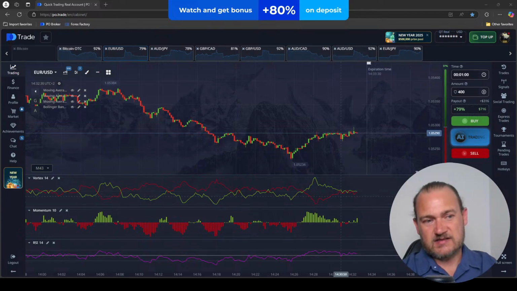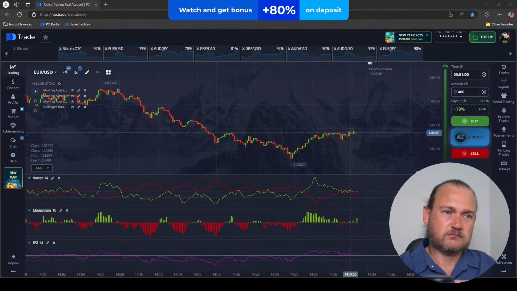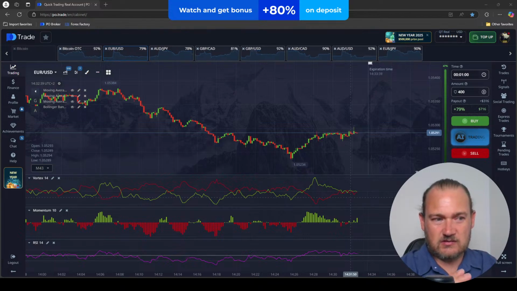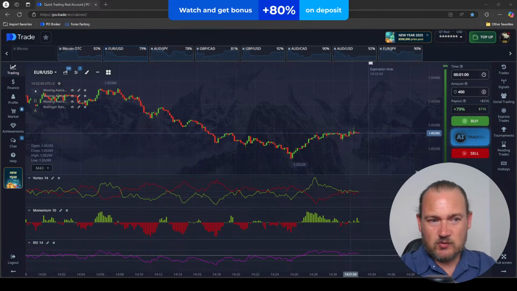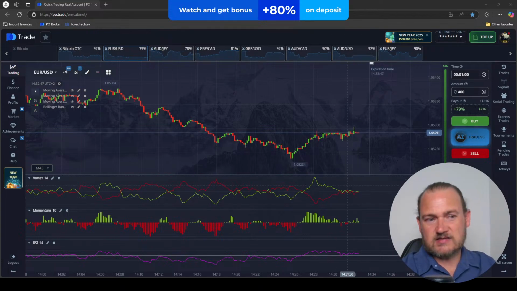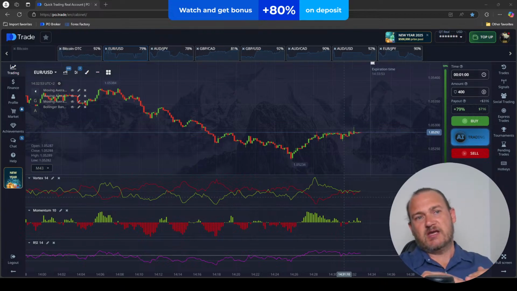So this is a brilliant way to stay out of bad trades. If you just keep an eye on your momentum, you're not going to take bad trades, and it will also save you from areas where it's zigzagging like this. Areas like this, if you pay attention to the momentum, most of the time you will be kept out of a trade.